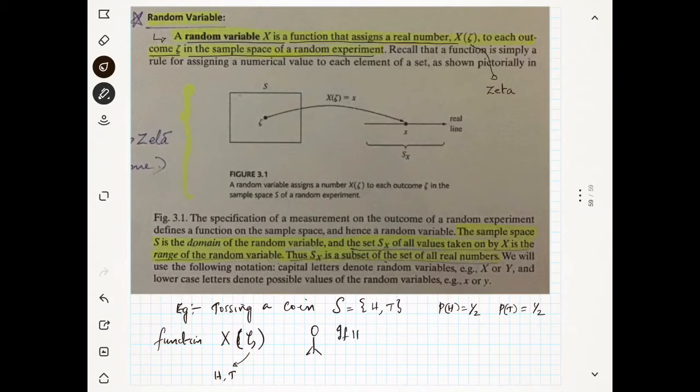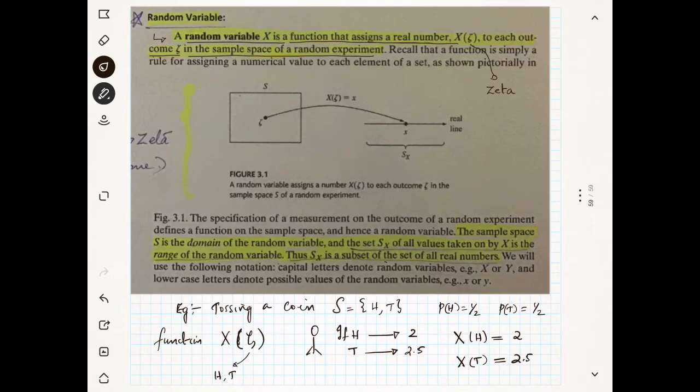If it is head, he takes a number 2, and if it is tail, he is mapping to a number, maybe 2.5. Then X of head is nothing but the number 2, a real number, and X of tail means he is assigning the number 2.5.